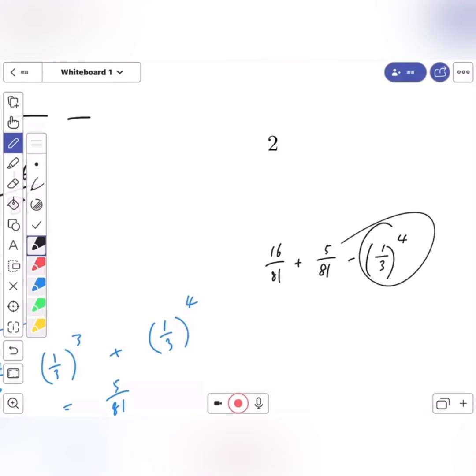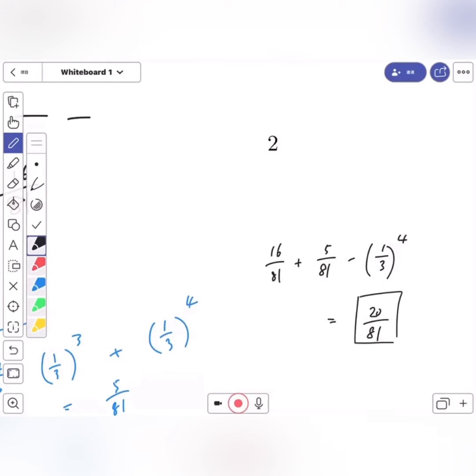Well, what is this one? This one's basically the probability that there's exactly one number that is greater than 4, which simply gives us 20/81.